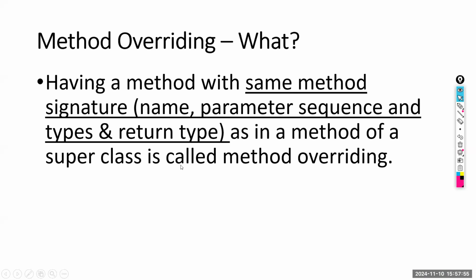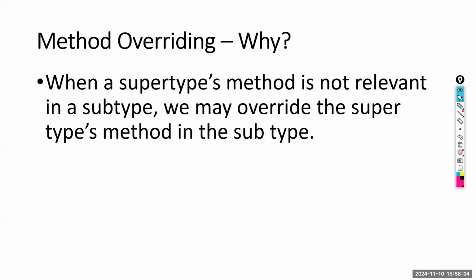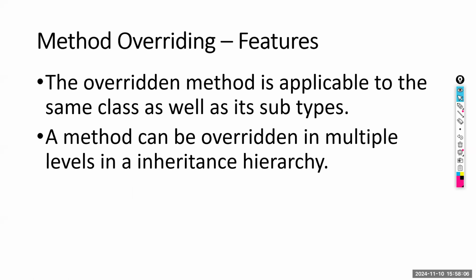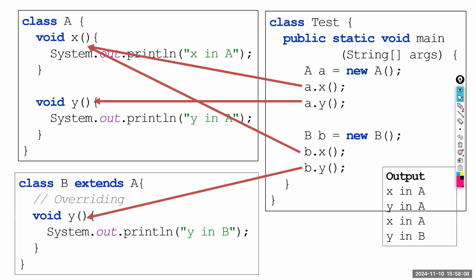So for subtypes, the subtype's behavior is called, not the supertype's. I already explained overriding. I overrode the dog speak behavior so that we use the dog behavior, not the animal behavior.